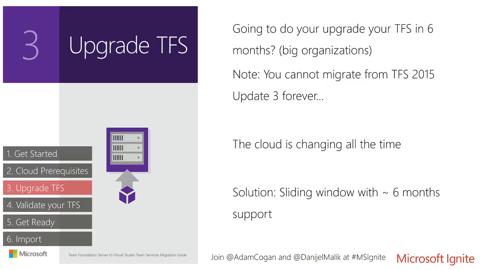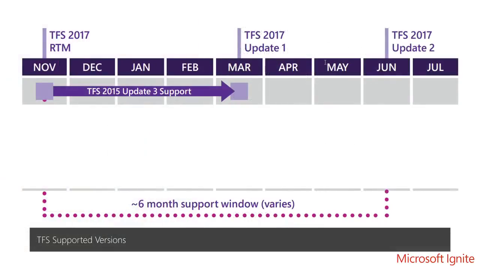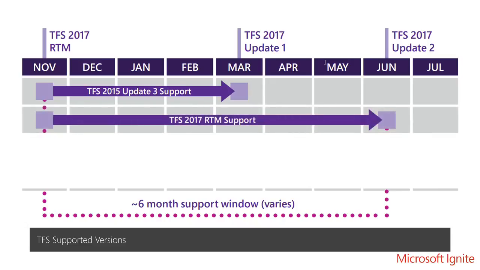So for that reason, we're giving you this sliding six-month support. If you're going to do it up until March, you'll be happy. These are proposed dates as well, likely to change and usually slip further, but you can expect Update 1 in March and Update 2 in June. So if you're on 2017, now we're talking, we've got up until June this year.